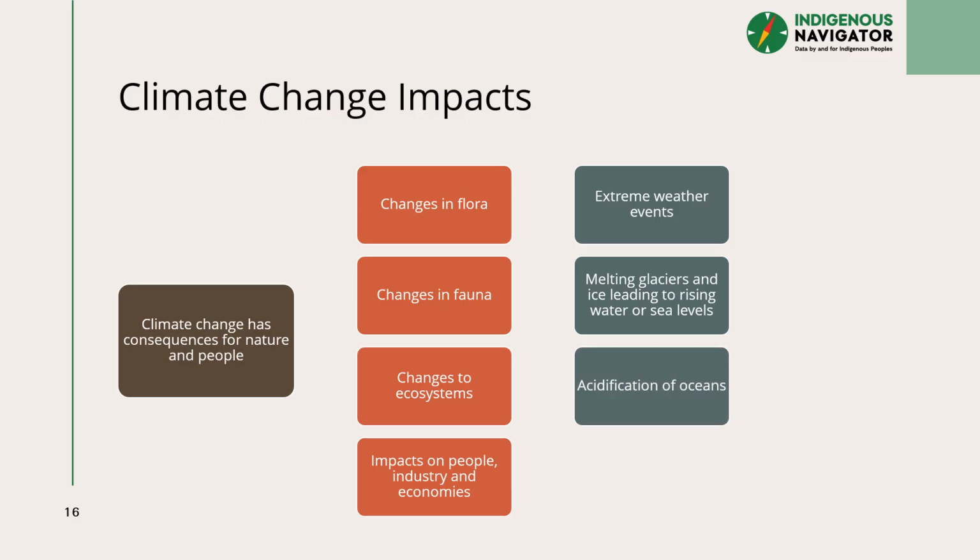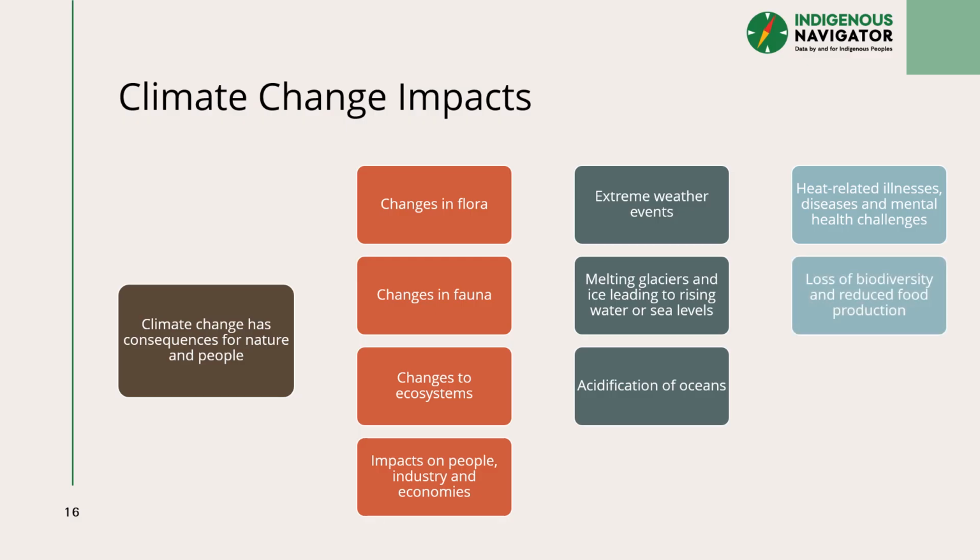And more carbon dioxide making oceans more acidic, harming marine life. These impacts then have further effects for nature and people, such as increased occurrences of heat-related illnesses, diseases, and mental health challenges, or loss of biodiversity and reduced food production.